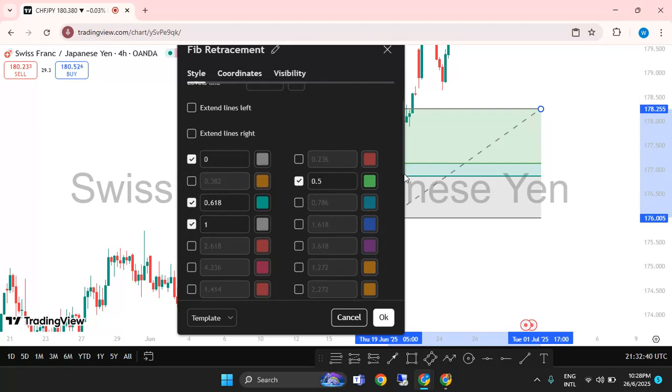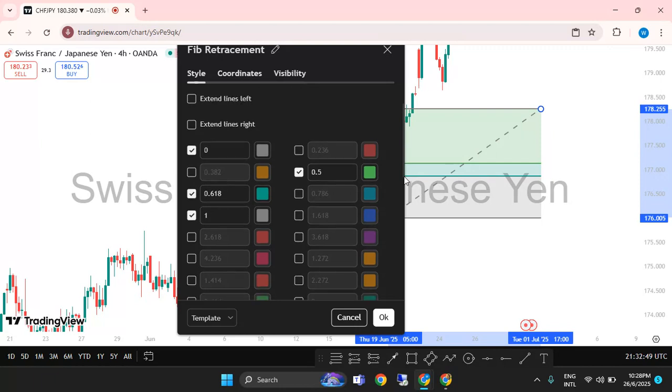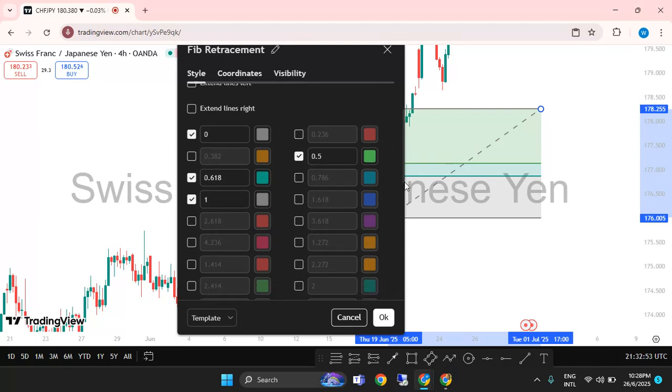So guys, you can quickly take a screenshot for you to know the levels which I removed. Let me wait for a while. I believe you have taken the screenshot now, so let's continue the video.